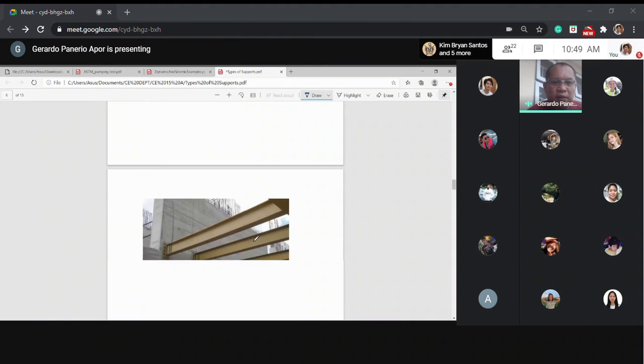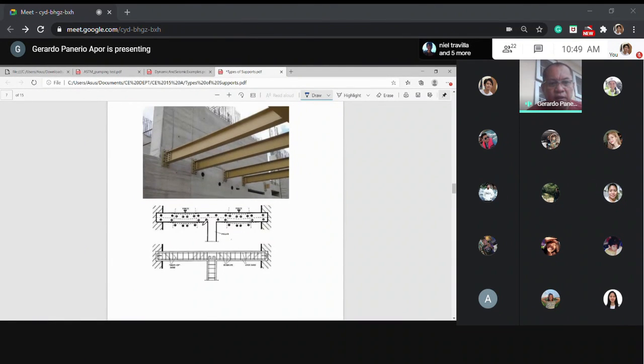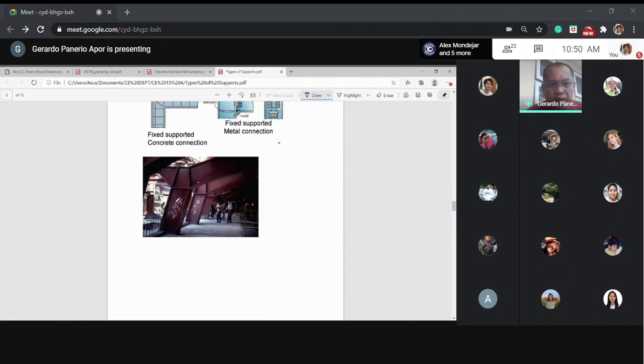Actual fixed support is like this. This is also fixed. This is how beam and column are connected. In actual, this is the fix.